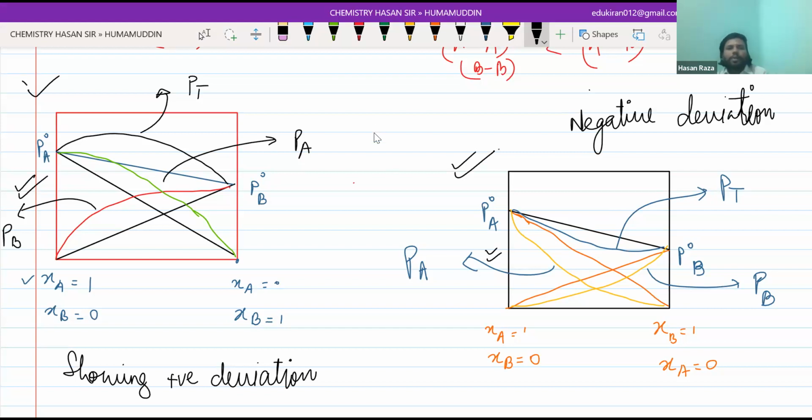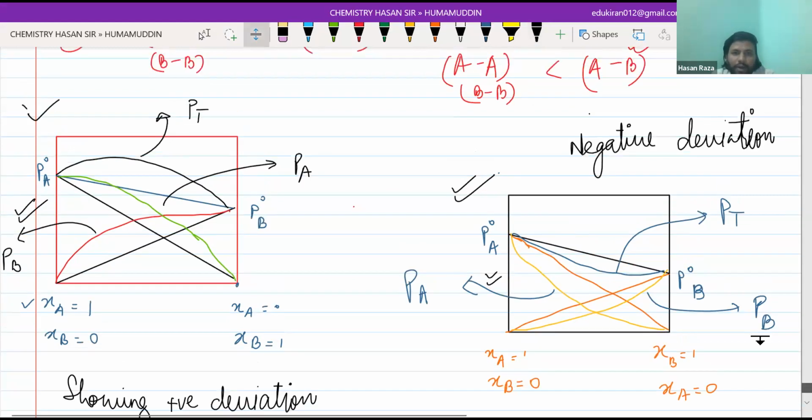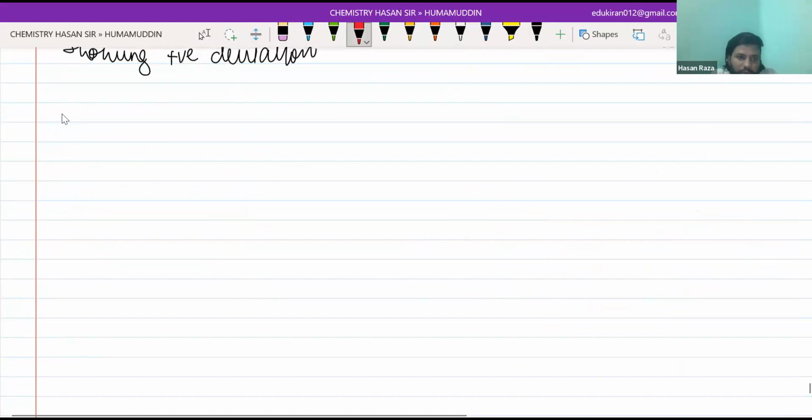Okay. Now moving to the next topic, which is colligative property. We have already done one of the colligative properties, which is relative lowering in vapor pressure. So please write the topic: colligative property.